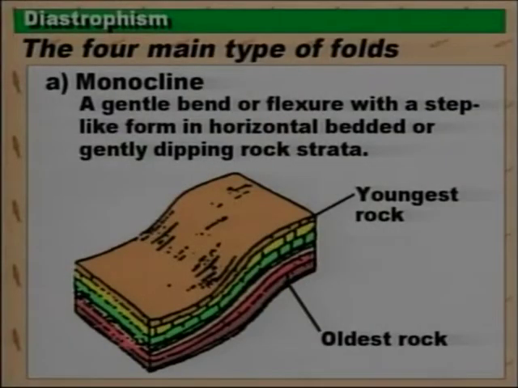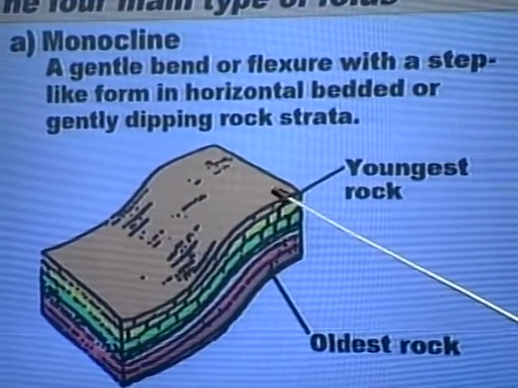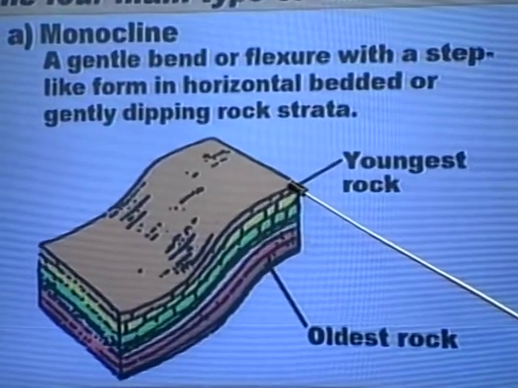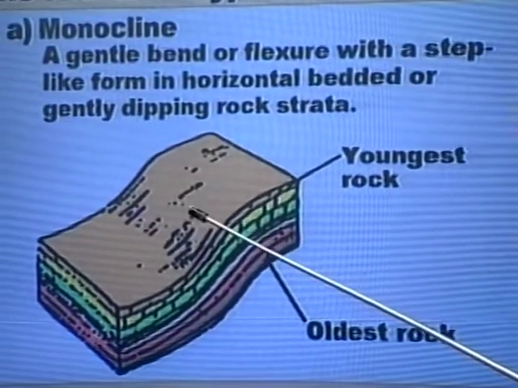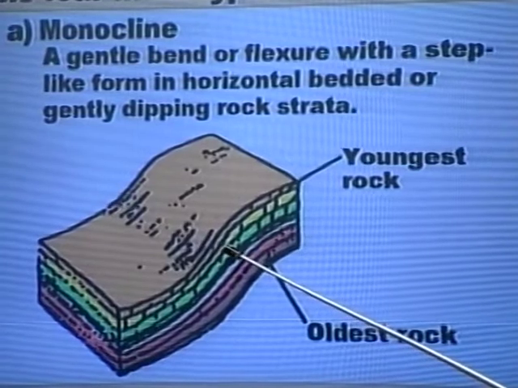If we look at the layer of sedimentary rocks and the way that they have been folded, forces of compression exerting on the sides of this particular feature will result in the formation of a monocline. The only difference is that the monocline has only one limb.